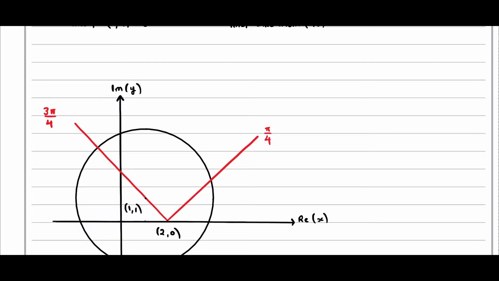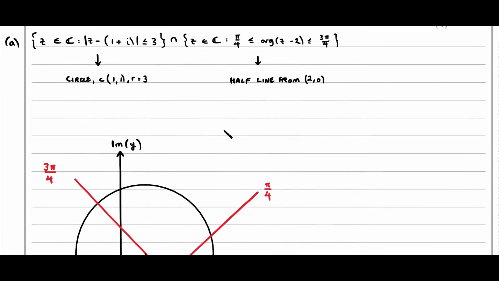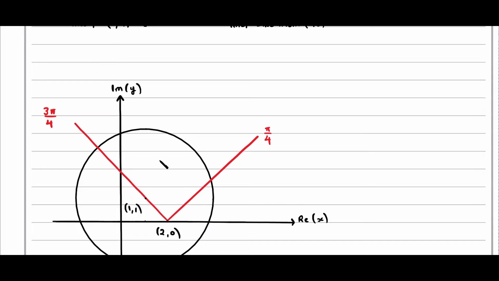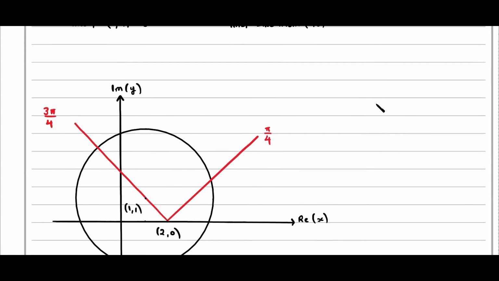And first of all, if we consider the circle, we want the circle to be less than or equal to 3. So that includes everything within the circle. And for the next bit, where the argument is greater than pi over 4, but less than 3 pi over 4, that region is essentially everything enclosed within here.